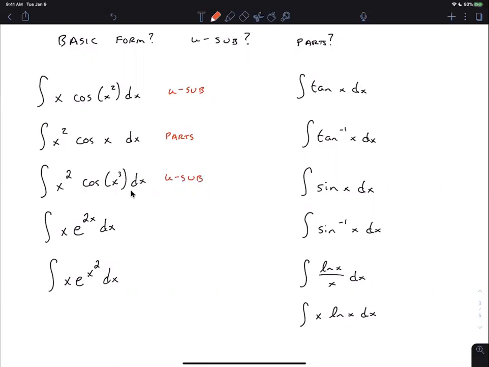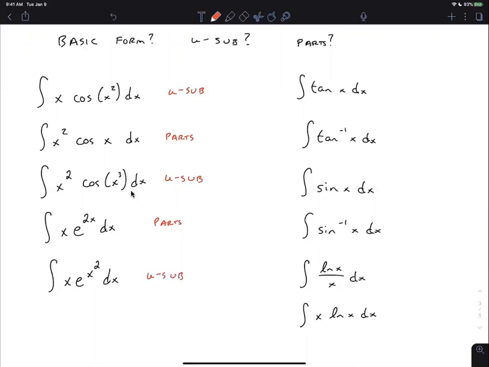Okay, if I have x e to the 2x, what should be done there? Parts, good. u would equal x, dv would equal e to the 2x. Does that make sense? Okay, on the next one, what would we do, or could we not do it? U sub, u would equal x squared.